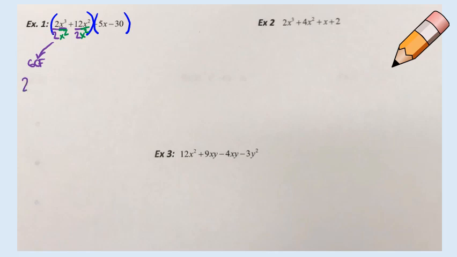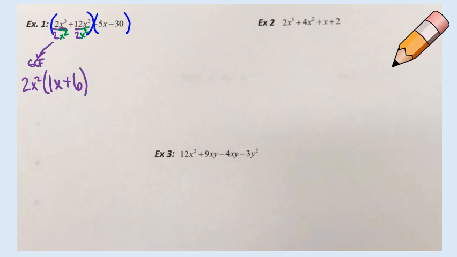That GCF is 2x squared. Let's write what we have remaining. 2 divided by 2 is 1. x cubed divided by x squared leaves me with x to the first. Bring down my sign. 12 divided by 2 is 6. x squared divided by x squared is 1, so I don't need to write that.